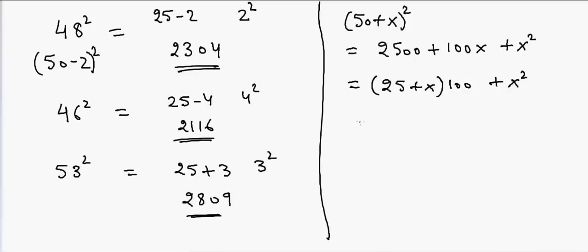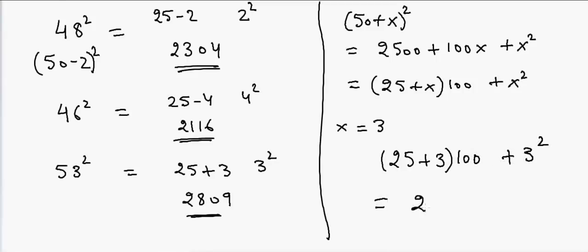Now as you can see, if x is equal to 3, then I'm adding 25 plus 3, and then I'm adding 3 square, so the answer is equal to 2809. So this is how this trick works. It's based on a plus b whole square.